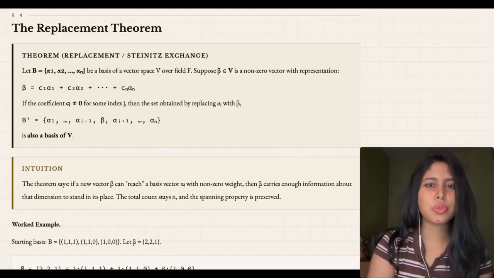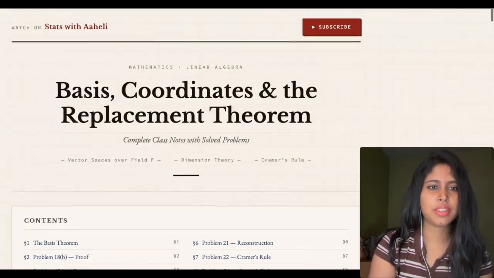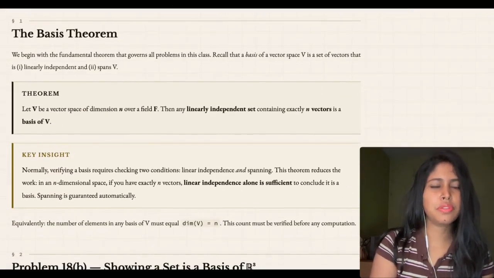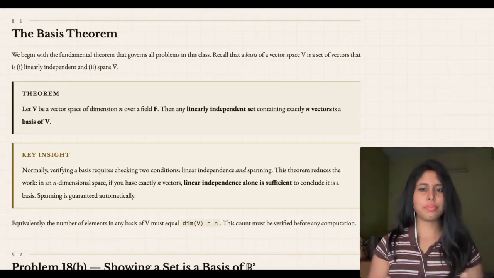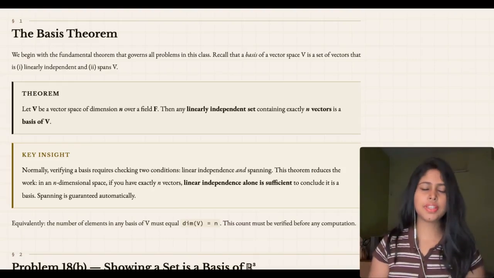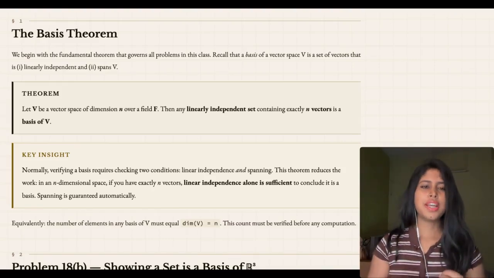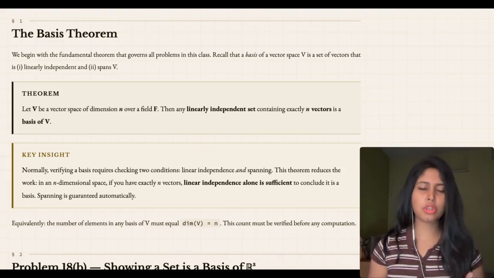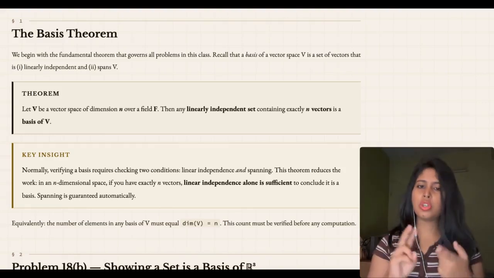Okay, coming to the first part, from the starting. So first is this theorem. Okay, this is the big theorem, and this is something very important for us, that is the basis theorem. Now, in our previous videos, we were learning about basis, right, and how to prove a basis. We have proved a basis on two conditions.